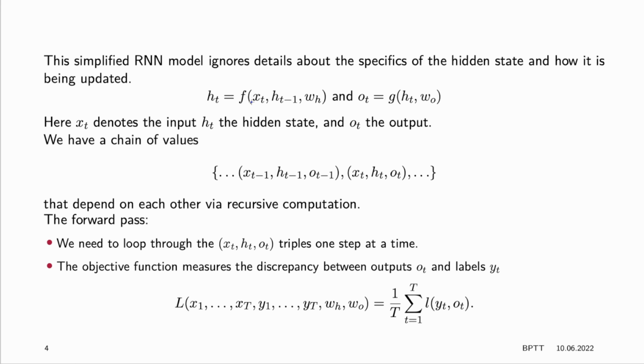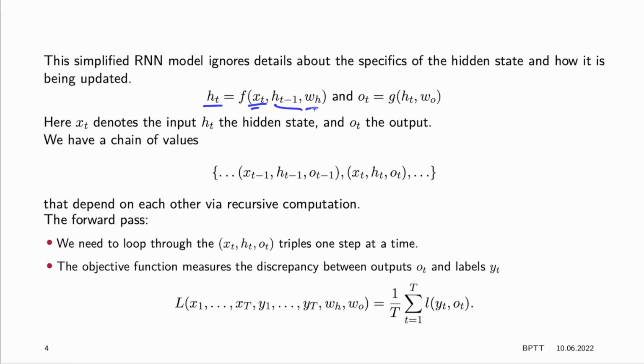Let's look at a simplified mathematical model of a recurrent neural network to illustrate the problem. In this neural network, we take inputs x at time point t. We have a hidden state, a hidden variable h at time point t, and this is computed as a function f of our inputs and, because we have recurrence, the hidden state at t minus 1, together with some weight parameters.